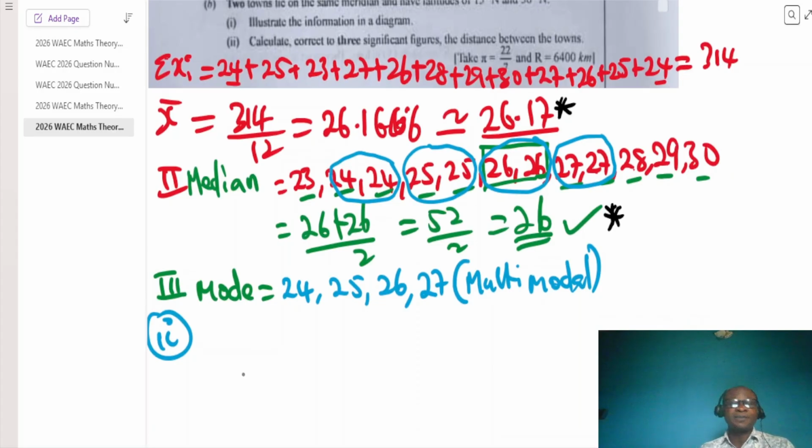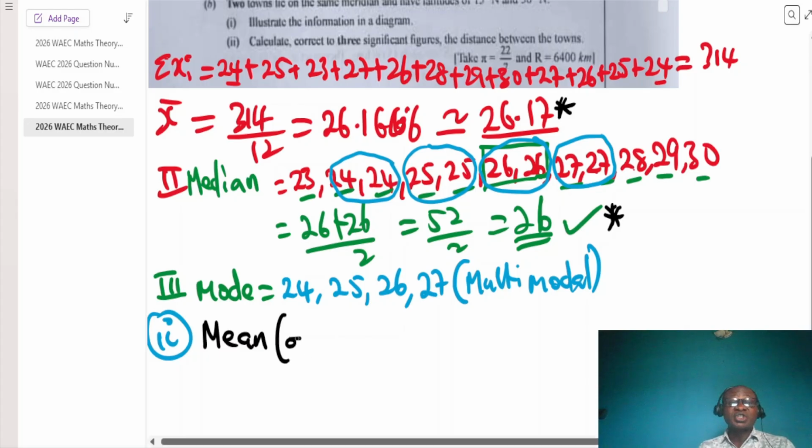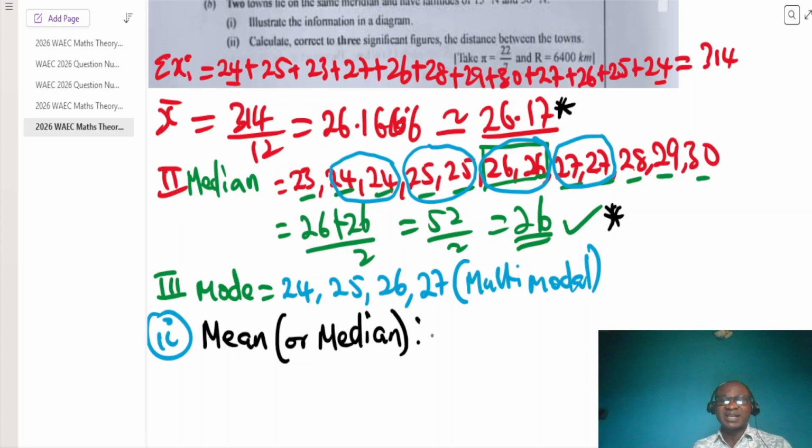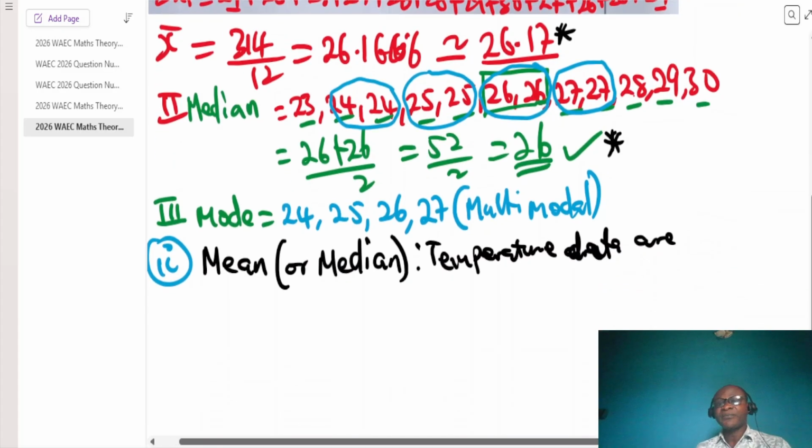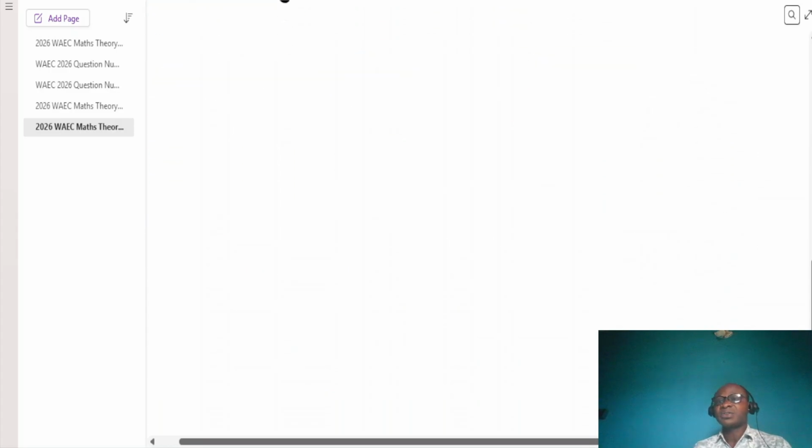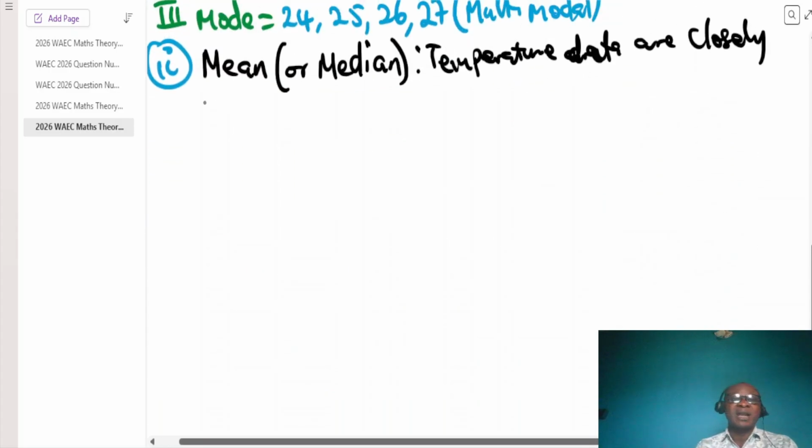Therefore, we can say that the mean is a very good measure for this temperature data. You can also choose the median, and it won't be wrong. The explanation I'll give here is that the temperature data are closely clustered together.